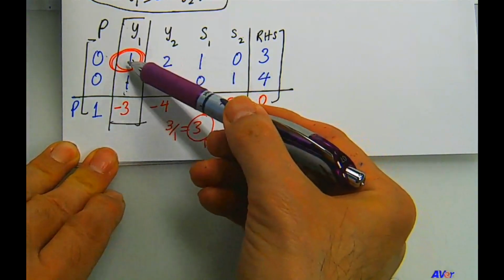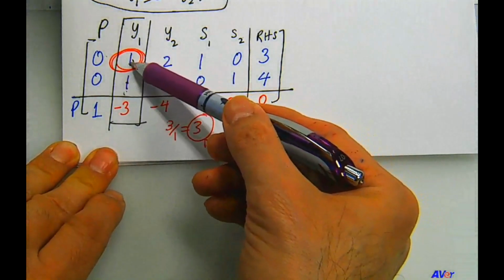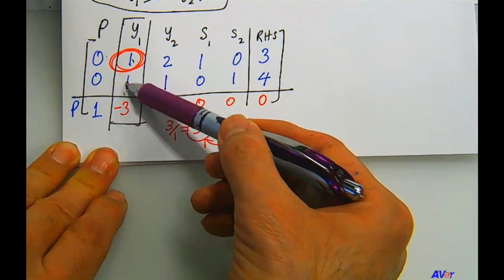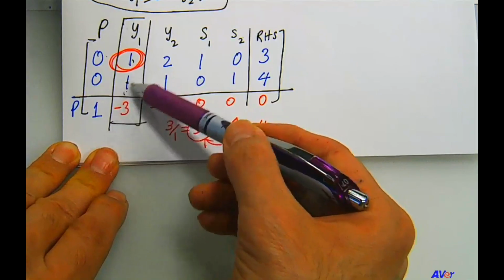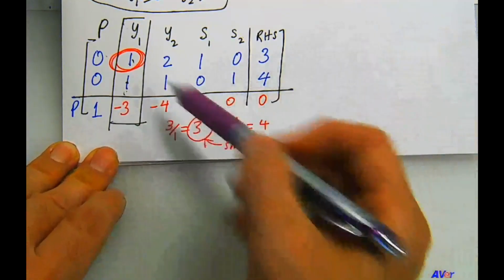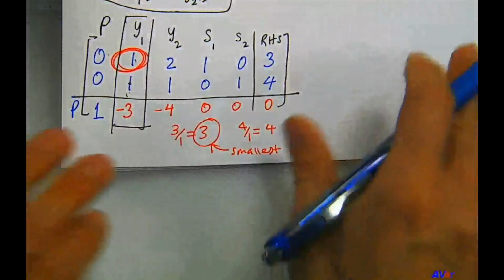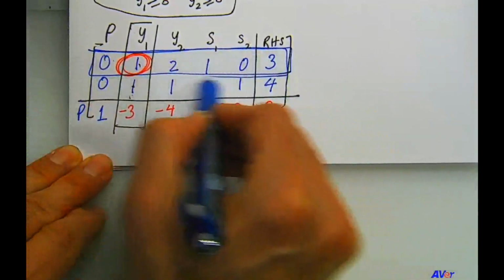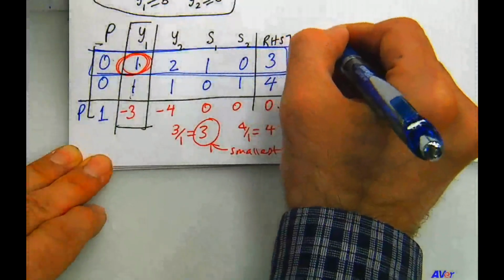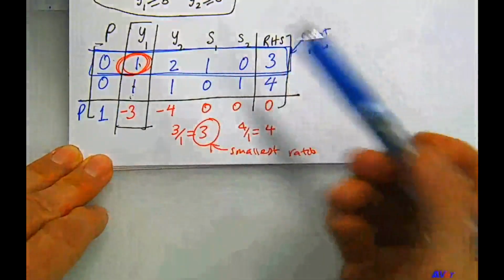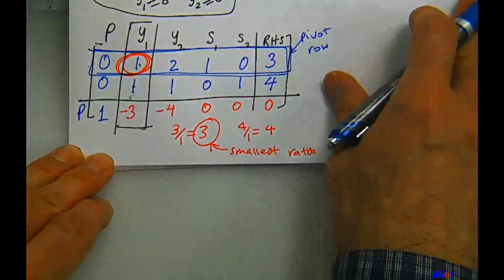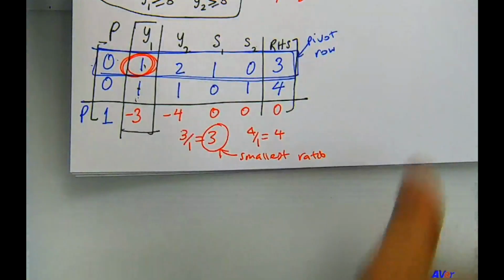We need to keep that, which is already 1, which is great. We don't have to do anything to convert it to 1, but we need to make these two numbers equal to 0, right? Please remember that the first row is our pivot row. We're going to use row 1 to convert 1 and negative 3 to zeros. So let me write down the row operation for doing that.